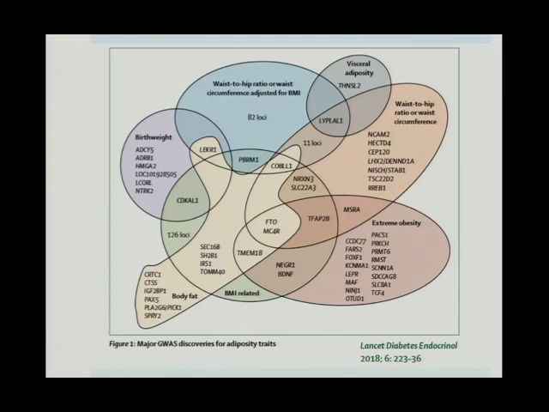But you can see a number of SNPs that are located close to genes and associated with BMI here in the middle, body fat, waist-to-hip ratio, visceral adiposity, extreme obesity, birth weight even is sort of a little different. So that's sort of the state of the field for genome-wide association studies in obesity.